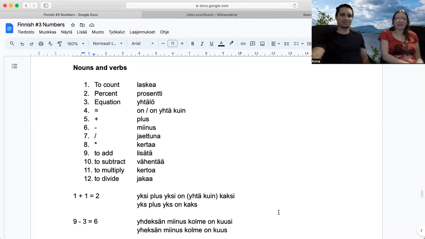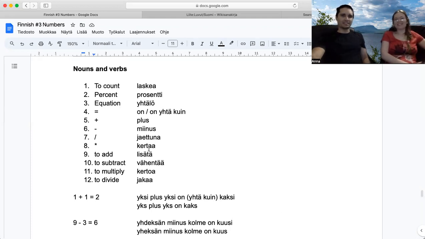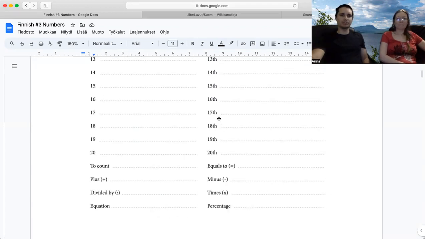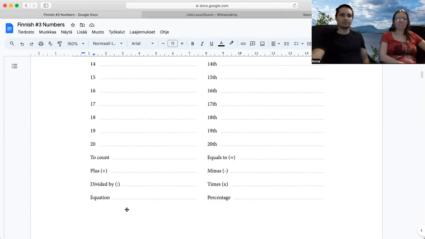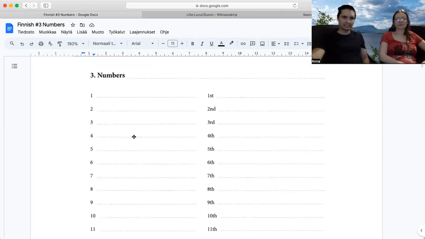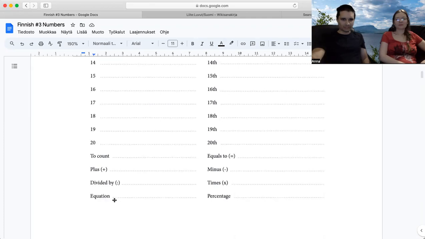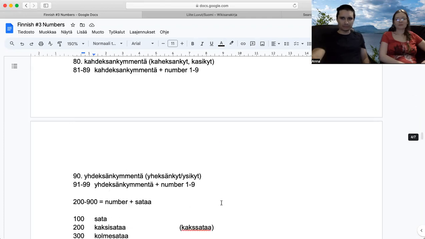Okay, now we have some nouns and verbs on the page. We don't actually have the last ones, equation and percentage, because we added 0 here, so maybe we can tell equation and percentage as well.